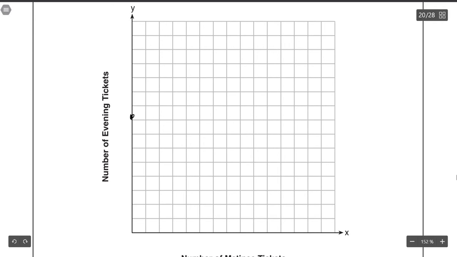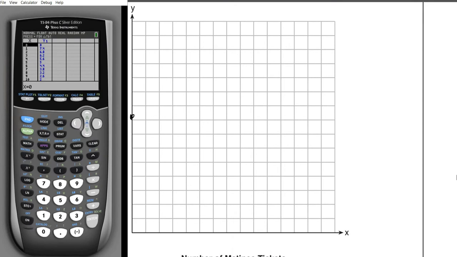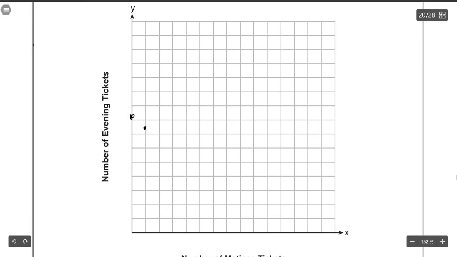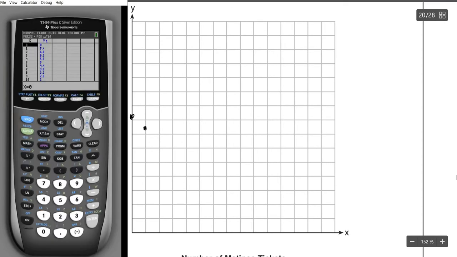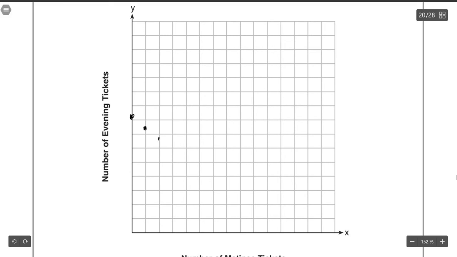It's going to be right there. When x is 1, y will be 7.4. So that'll be around there. Next is 2, y will be 6.8. So it's going to be right about there.